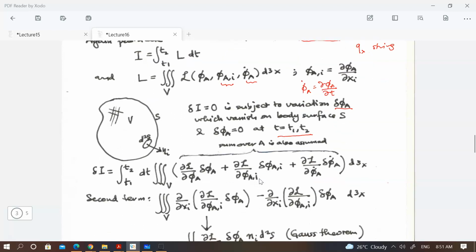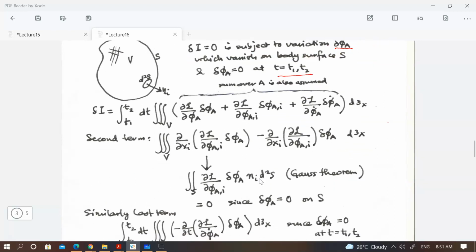So again, when we do the variation, you have all these things coming in, because your Lagrangian density depends on these partial derivatives. And again, one needs to remove the derivatives on the variation of your fields. So you do a partial integration.